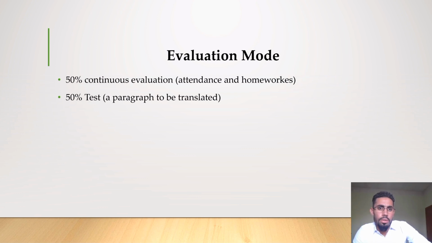And 50% is the test. The test is a paragraph, whether it is a diplomatic text or a literary text. And 50% means 10 points. The whole mark is 20 points.